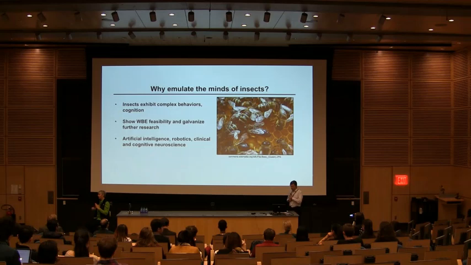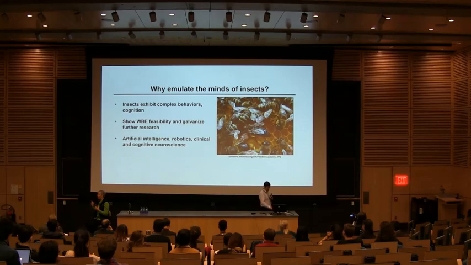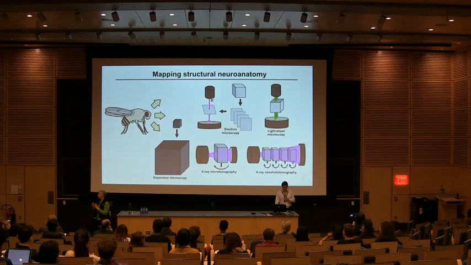And then finally, there are many applications to artificial intelligence, robotics, and clinical and cognitive neuroscience. So comparing between different states of insect brains may allow us to understand health and disease better, as well as develop biomimetic artificial intelligence and robotics.